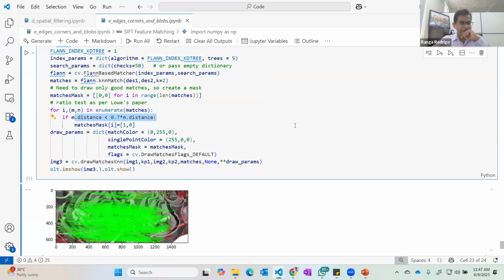To summarize briefly what we did, we understood how to detect edges.